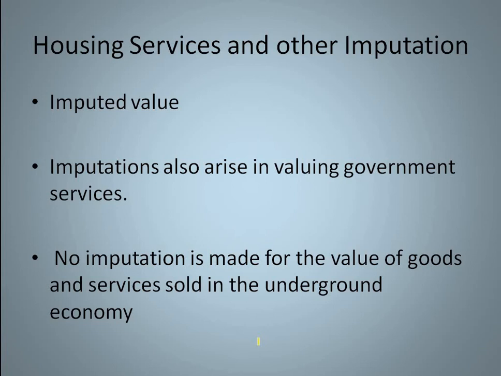Most goods and services are valued at their market prices when computing GDP. Some are not sold in the marketplace and therefore do not have market prices. If GDP is to include the value of these goods and services, we must use an estimate of their value. Such an estimate is called an imputed value. When we use some estimated value instead of market value, this estimated value is known as imputed value.